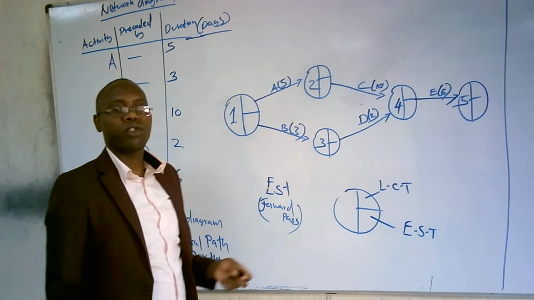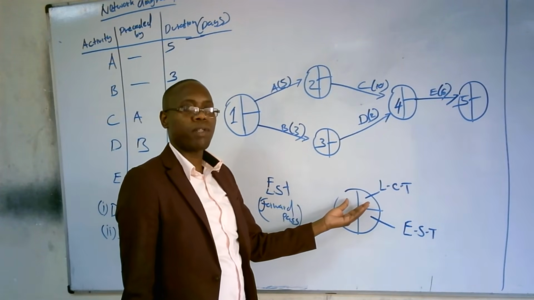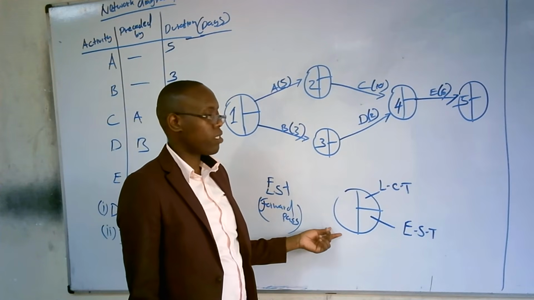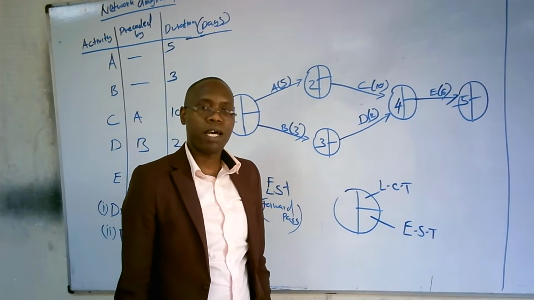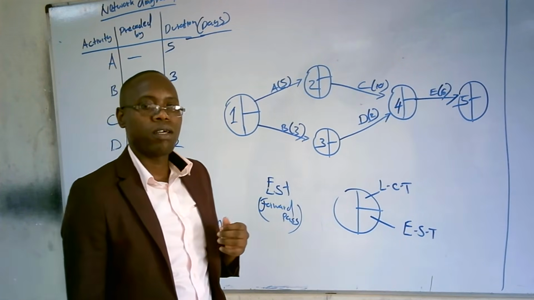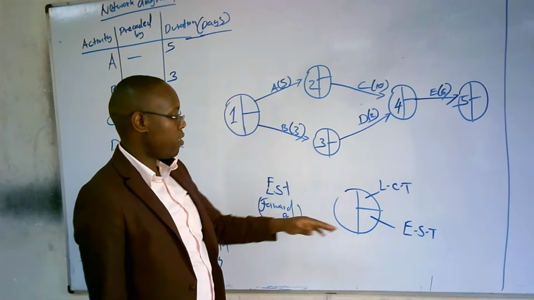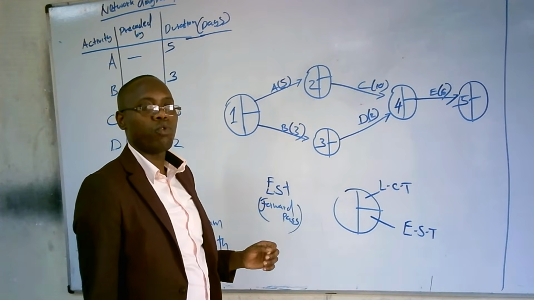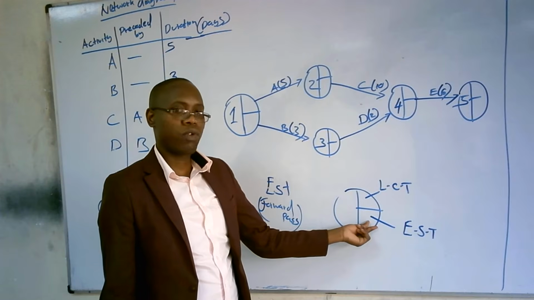So the latest completion time is going to tell us the latest time that we can take to complete that project. Remember, the network diagram is always used in project planning so that we can know when we are going to complete that project and when we should start it. The lower quadrant here represents the earliest start time. So this is what it represents.